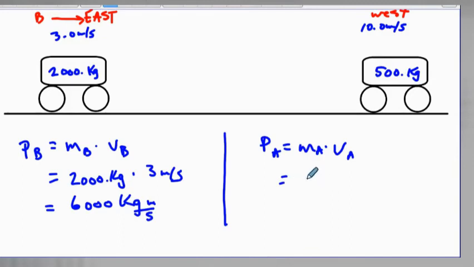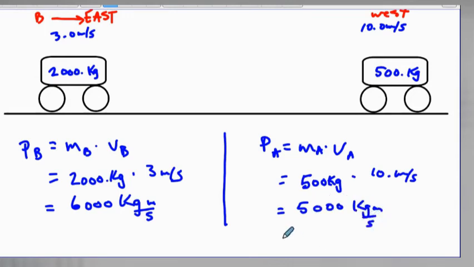On this side, I have 500 kilograms moving at 10 meters per second, so 5,000 kilogram meters per second.